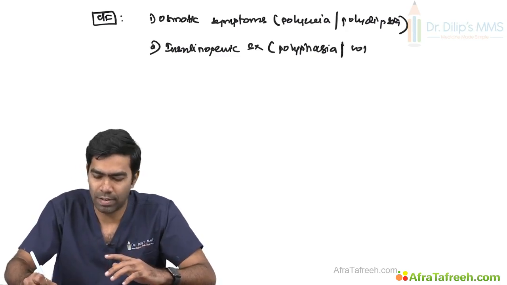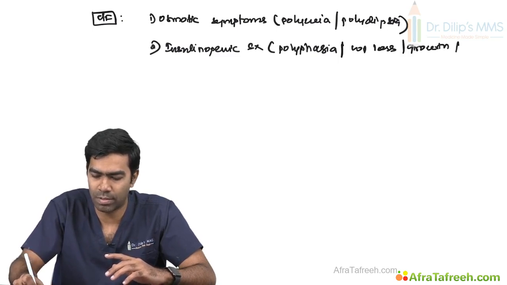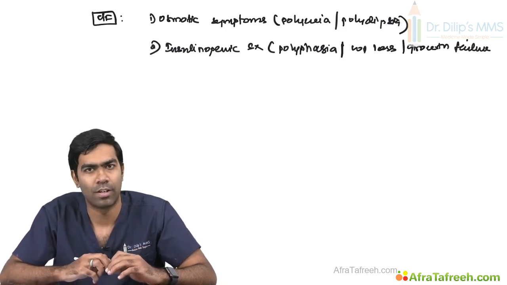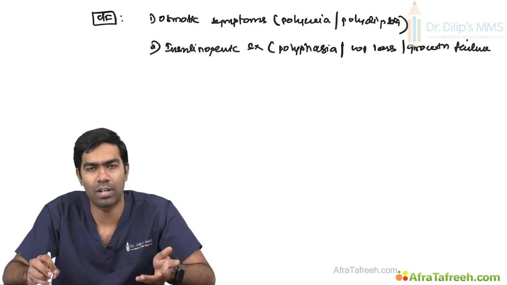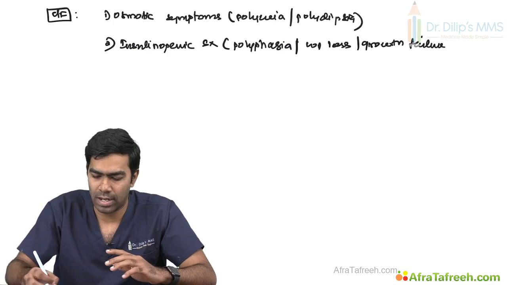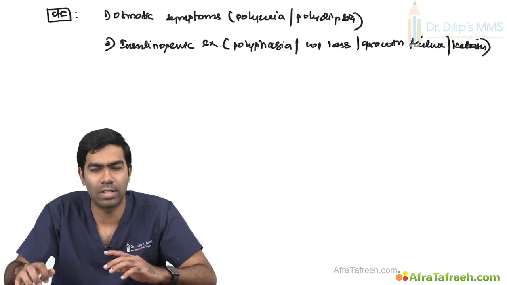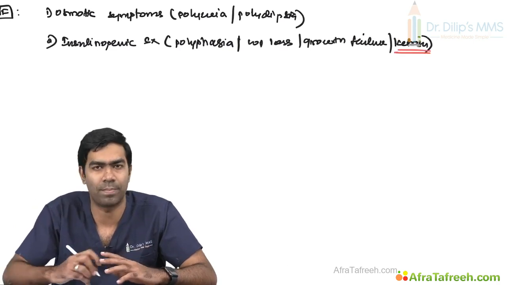Or they might have weight loss, growth failure, a very common insulinopenic symptom, because insulin is required for proper growth. If the insulin is not there, it will result in growth failure. And cachexia, malnutrition. At the same time, the child is prone to development of ketosis as well, because there is no insulin in the child's system.